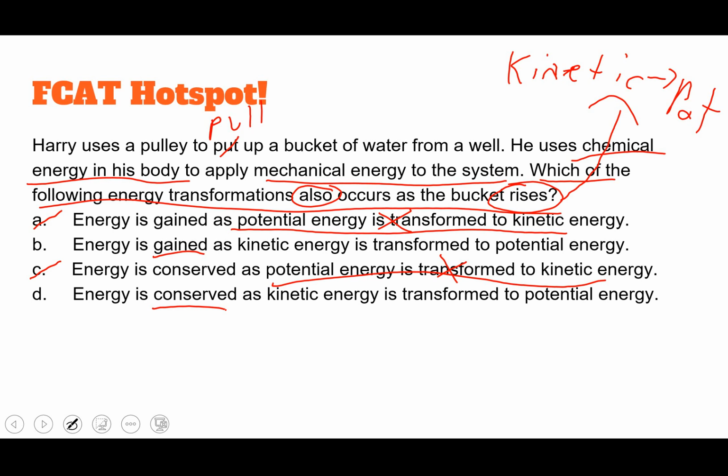If you looked at your last notes, you'd know that due to the law of conservation, energy is conserved. It's not gained, it's not destroyed, it's not created. Therefore, B cannot be the answer. The answer would have to be D, due to that law of conservation. If you got that one, I'm proud of you. If not, it's okay, as long as you understand the explanation.